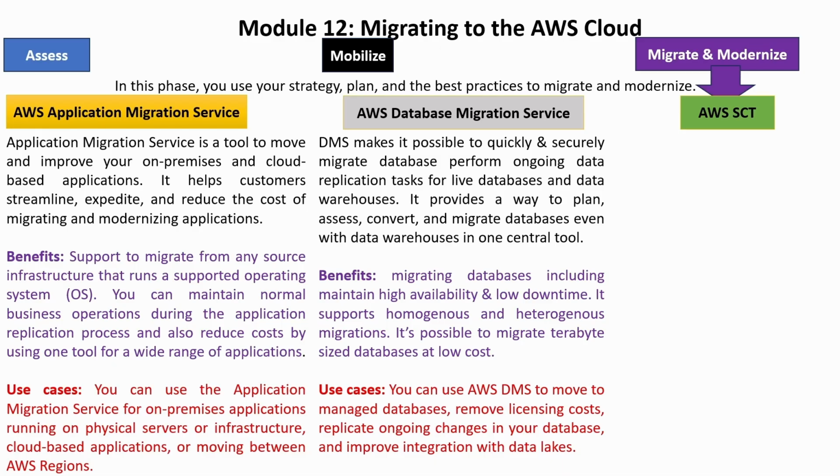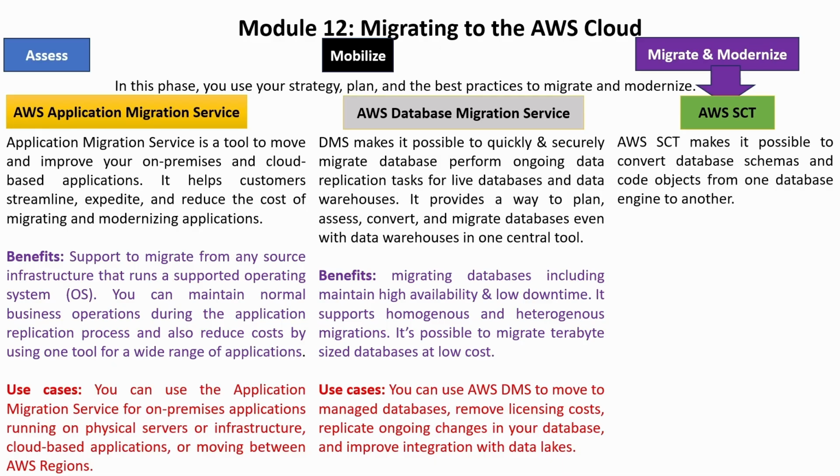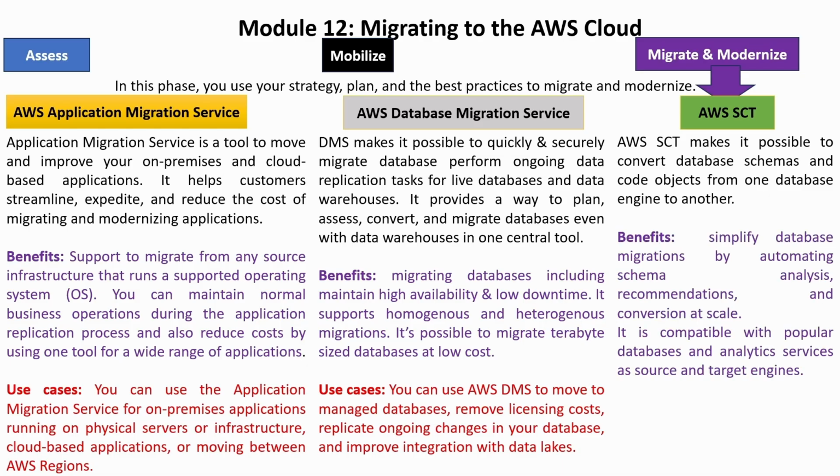Next up is AWS SCT. SCT makes it possible to convert database schemas and code objects like stored procedures, views, and functions from one database engine to another. AWS SCT can even give you estimates of how big of an effort a conversion is, which helps with planning. SCT provides benefits to simplify database migrations by automating schema analysis, recommendations, and conversions at scale.